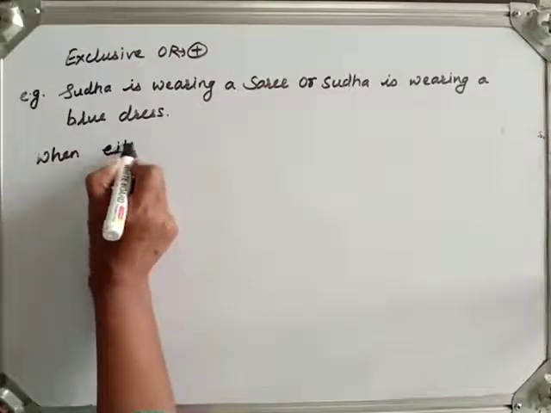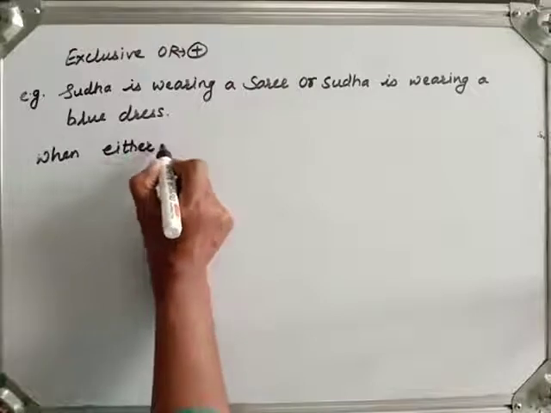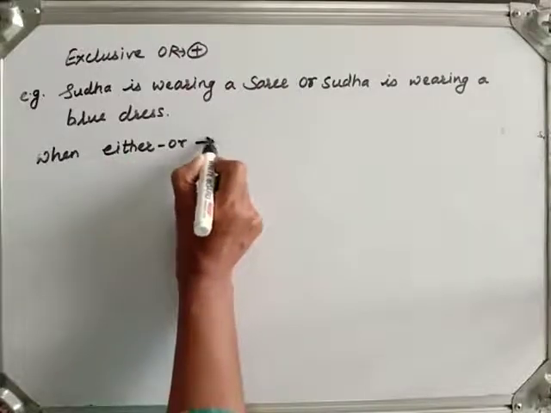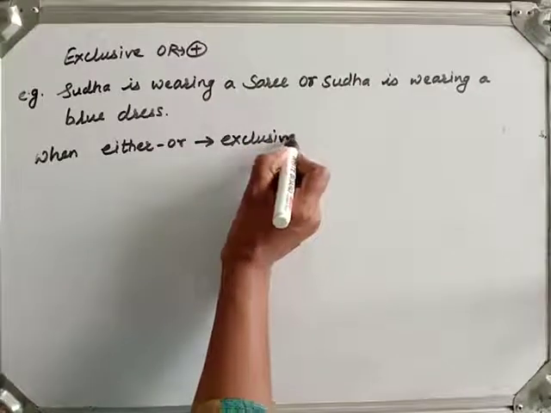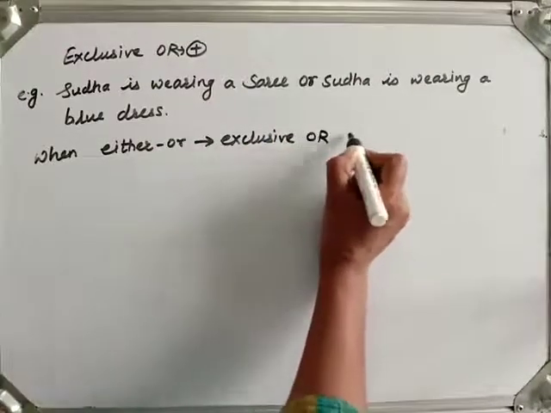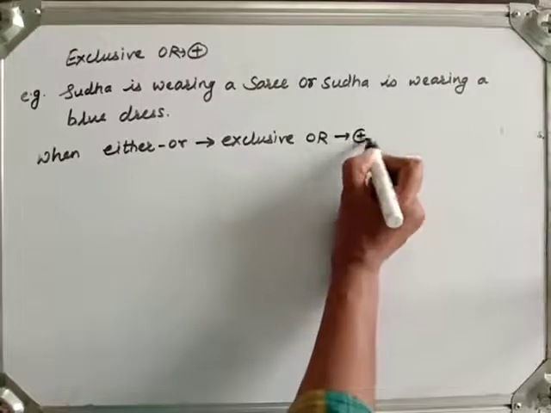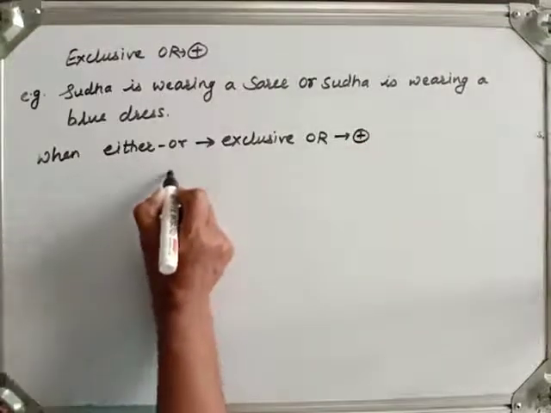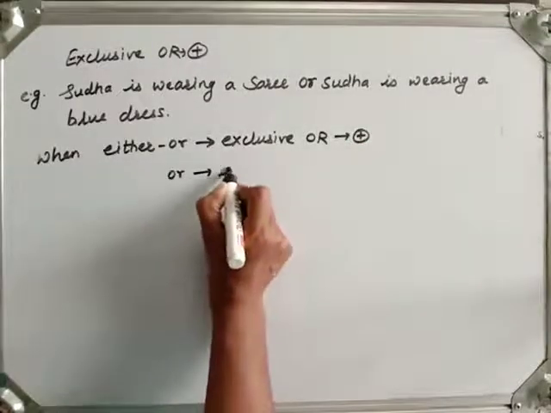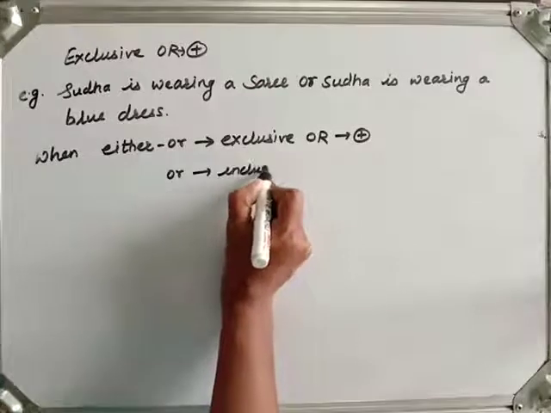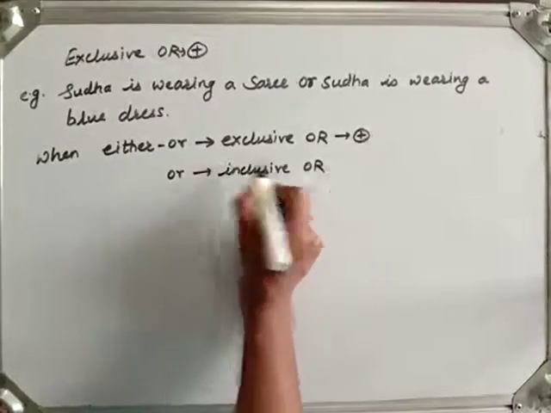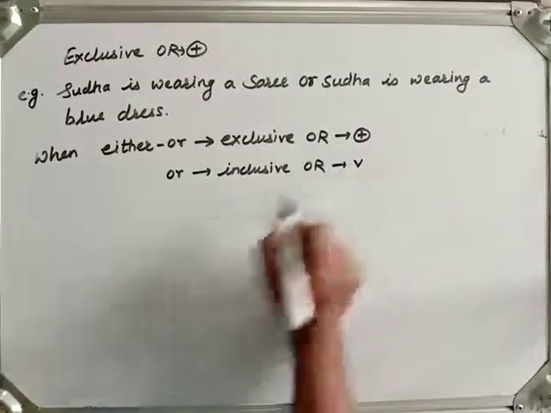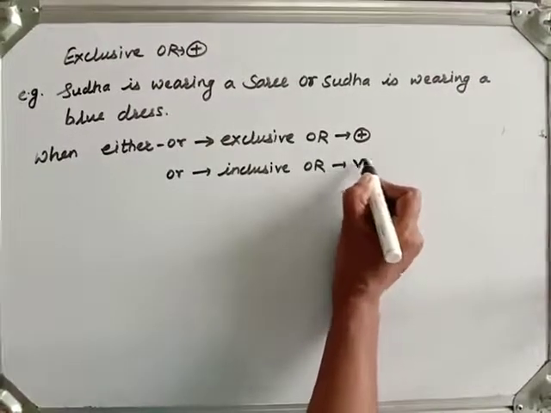In short, when either-or is there, that is exclusive OR. This is its notation. Only OR is inclusive OR, and here the notation is this one. Okay, this is the basic difference.